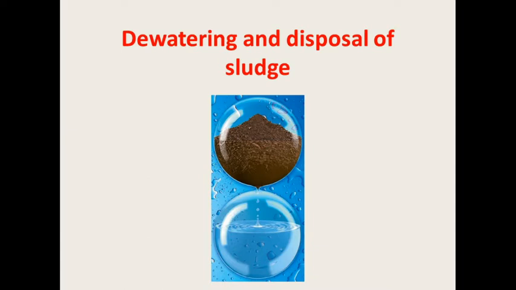So the overall reaction of anaerobic sludge digestion is that all organic matter present in sludge is converted into CO2 carbon dioxide, CH4 methane, new cells, energy for cells, and other products like hydrogen sulfide, nitrogen, and hydrogen. This is the overall reaction and process of anaerobic sludge digestion.